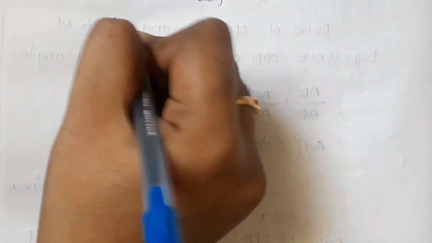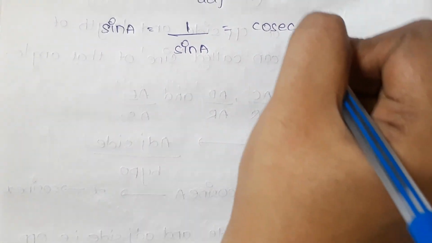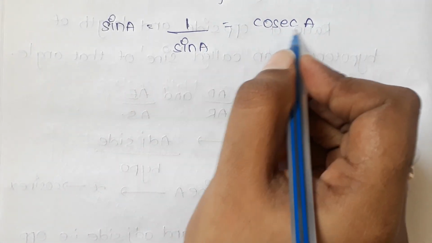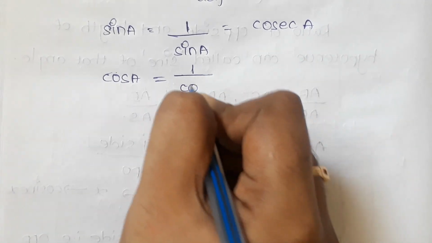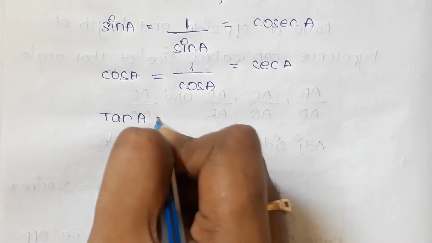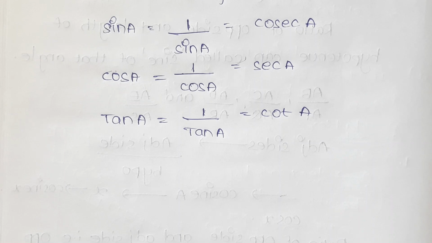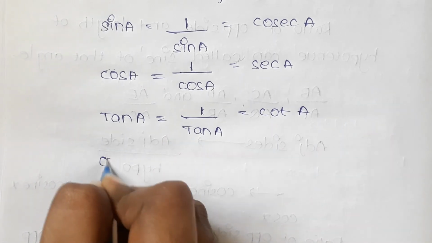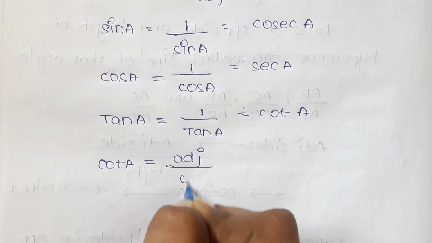The multiplicative inverse of sin A is 1 by sin A, that is cosecant A, and it is defined as cosecant A equals 1 by sin A. Similarly, the multiplicative inverse of cos A is 1 by cos A, that equals secant A. And the multiplicative inverse of tan A is 1 by tan A, that equals cot A. For cot A, it is the adjacent side by the opposite side.